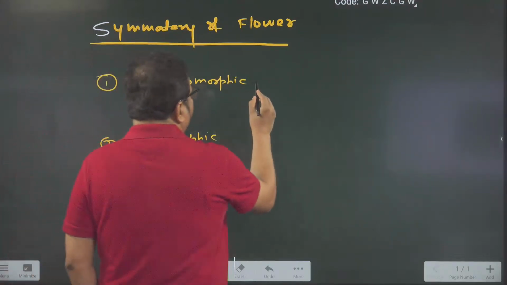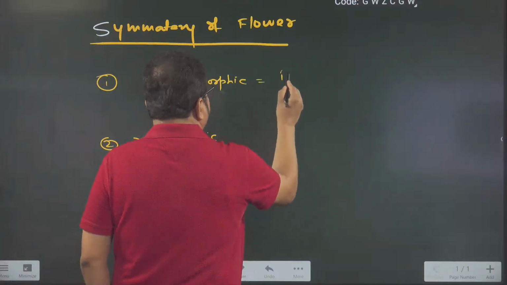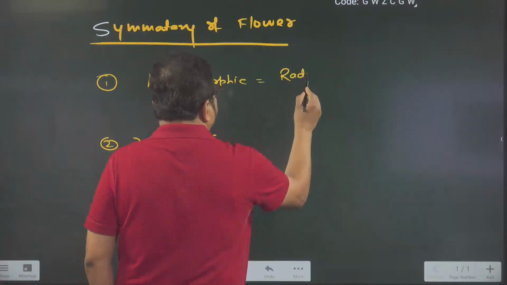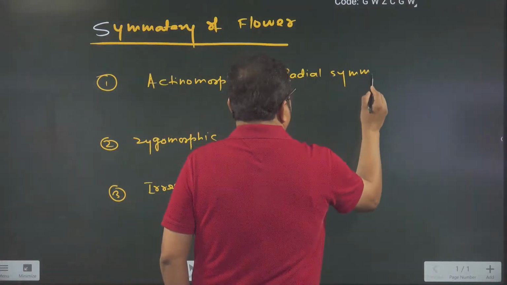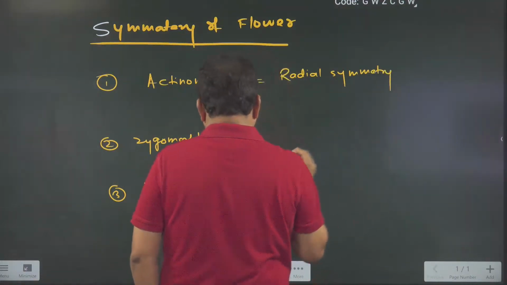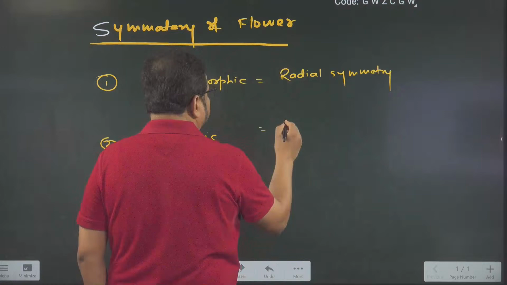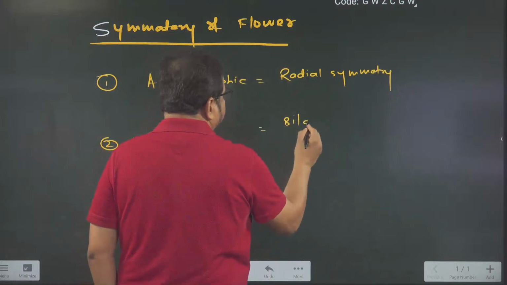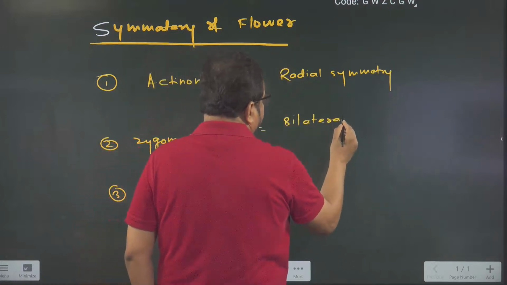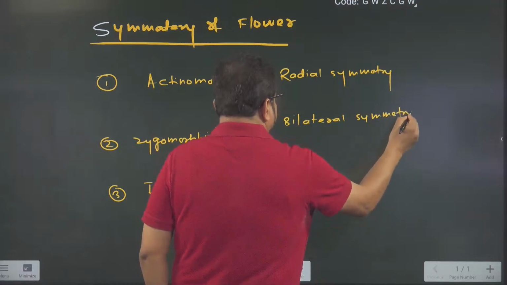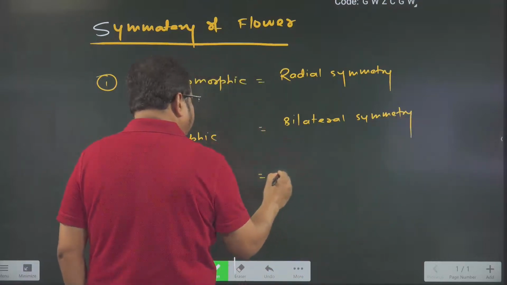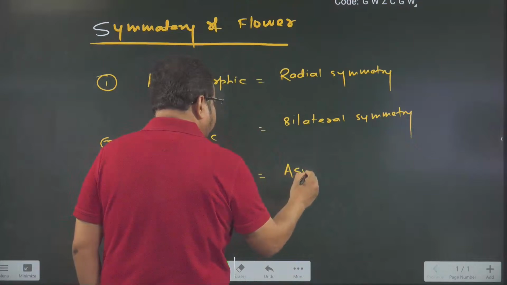Right, so actinomorphic is also called radially symmetrical or radial symmetry. Zygomorphic is called bilateral symmetry. And irregular flower is called asymmetric.